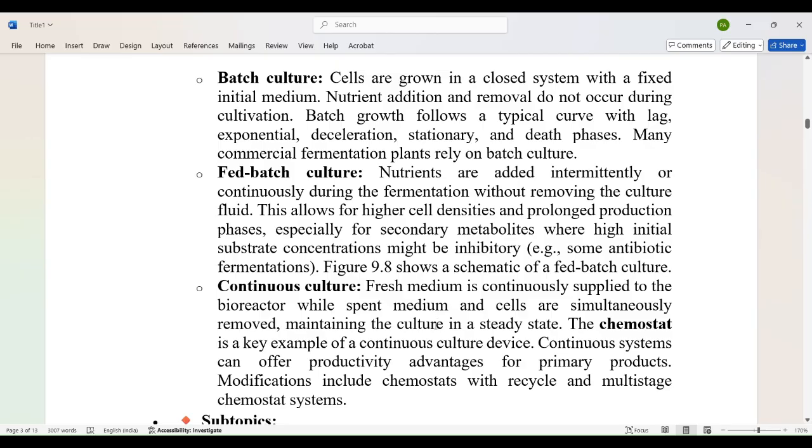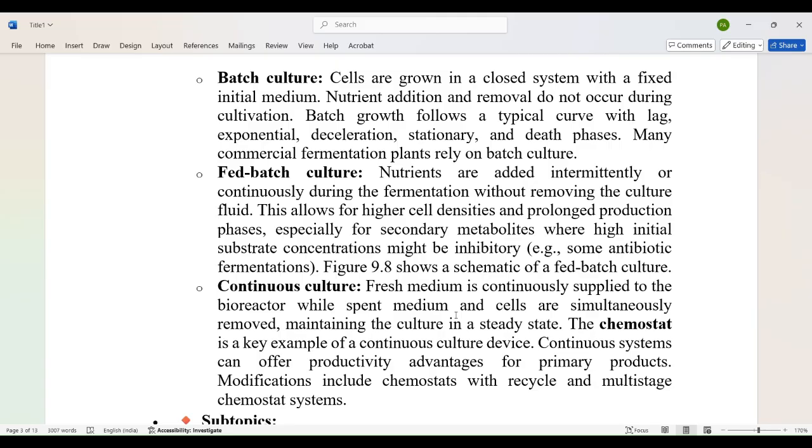This is why we need this particular type of fermentation process. In the case of batch culture, whatever media components are given to the bacteria will be kept as they are for the bacteria to utilize. But in the case of fed batch, we are giving nutrients additionally, and this keeps our bacterial cells in a particular phase.